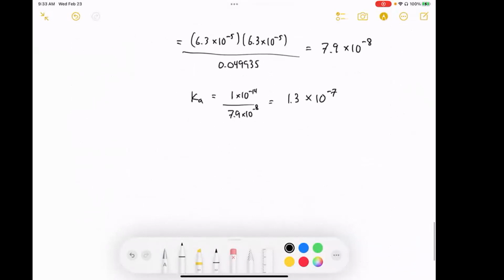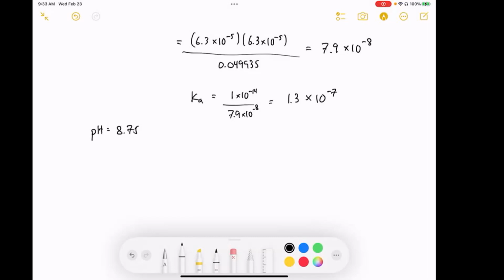Okay, one last time. So maybe our pH is 8.75. Who knows? So 8.75, we subtract that from 14. We get 5.25. Take the negative antilog of that.